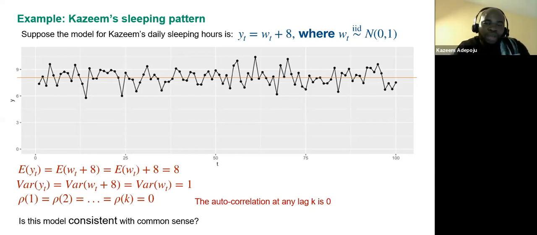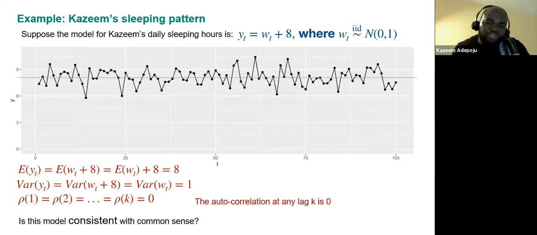So what I'm asking you now is a personal question. My own daily sleeping hours model is stochastic in nature, and it is a white noise, because I can decide that the number of hours that I sleep on Monday is different from the number of hours that I sleep on Tuesday, and so on, and they don't depend on each other.